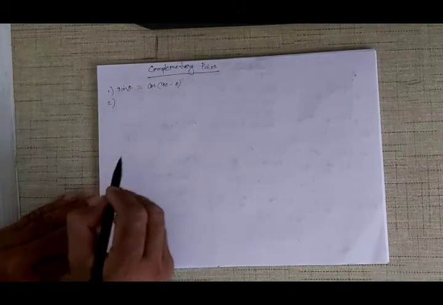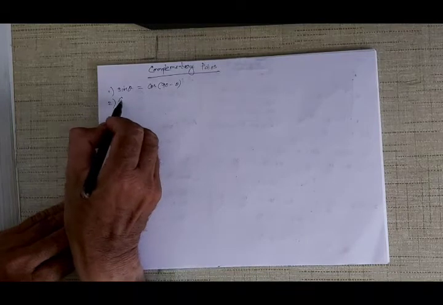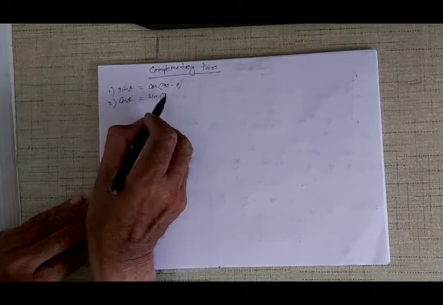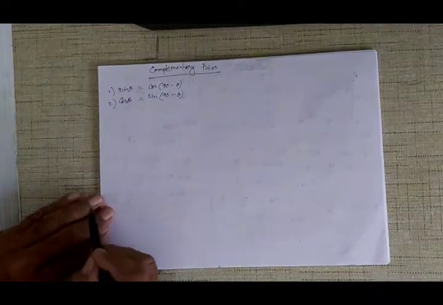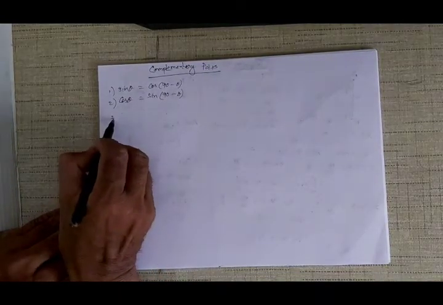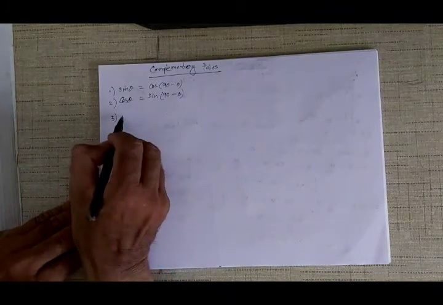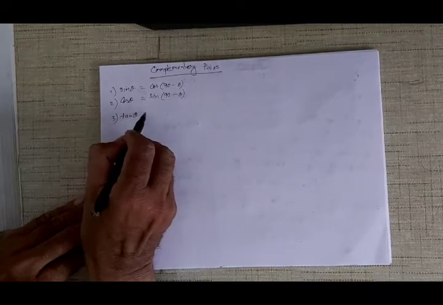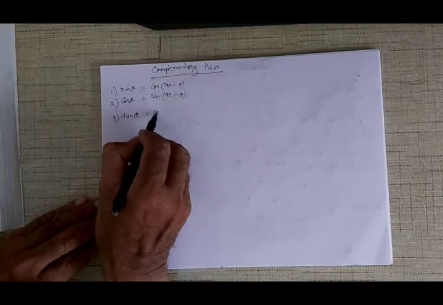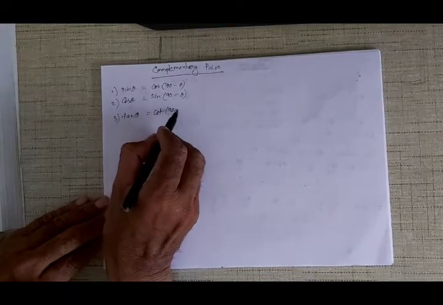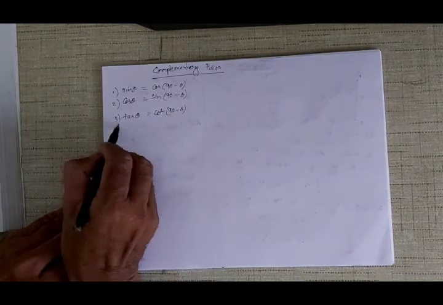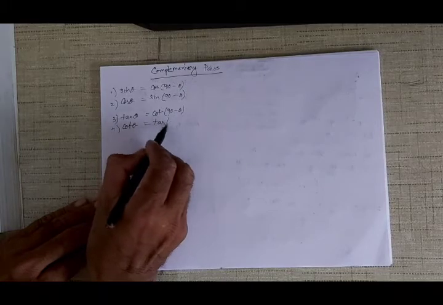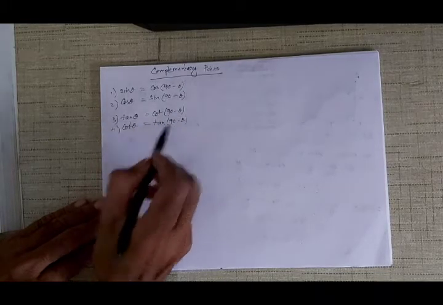Number 2, cos theta is equal to sin(90 minus theta). The third pair is tan theta equal to cot(90 minus theta), and cot theta equal to tan(90 minus theta).